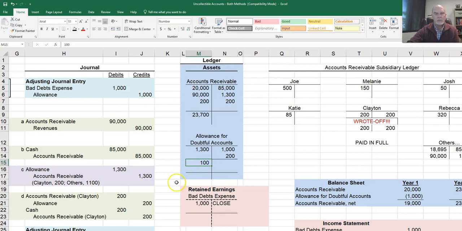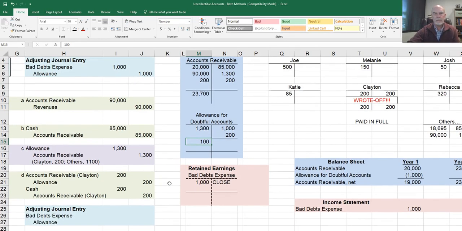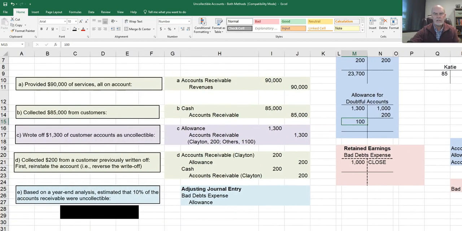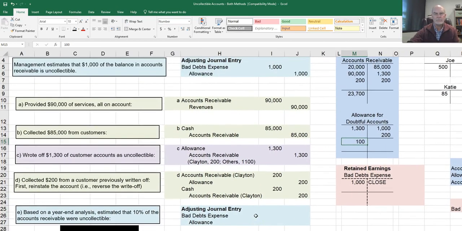Okay, so we get to the end of the year, we're going to estimate how much of the ending balance is uncollectible. Let's say we estimated 10% of this $23,700 is uncollectible. And maybe we got to that 10% by going through an aging schedule like we illustrated a minute ago.